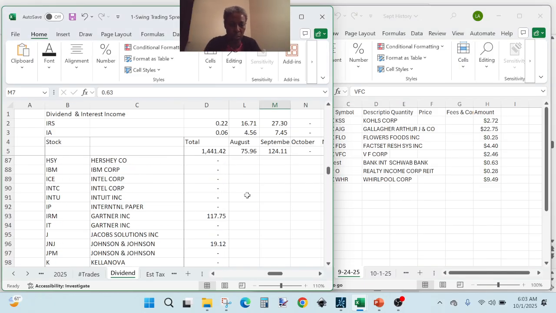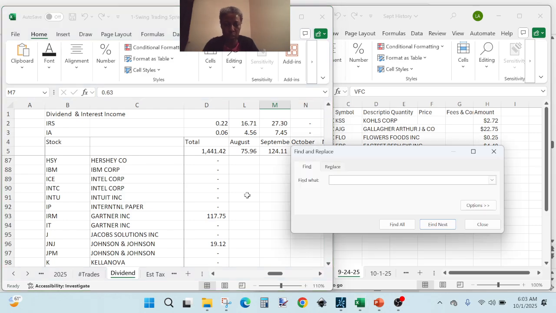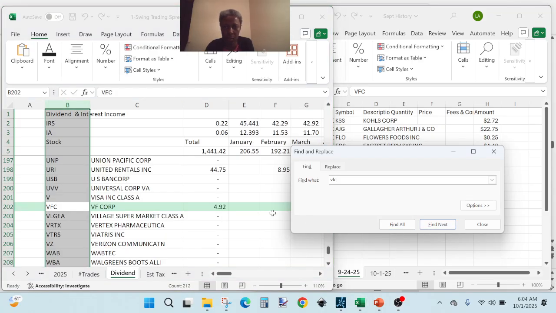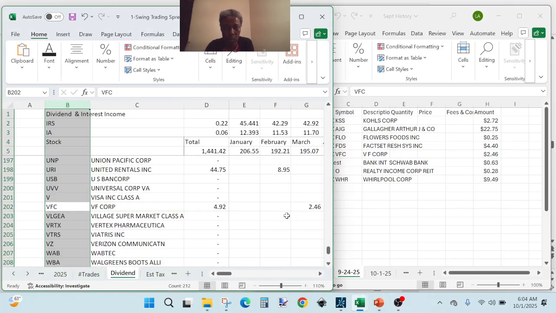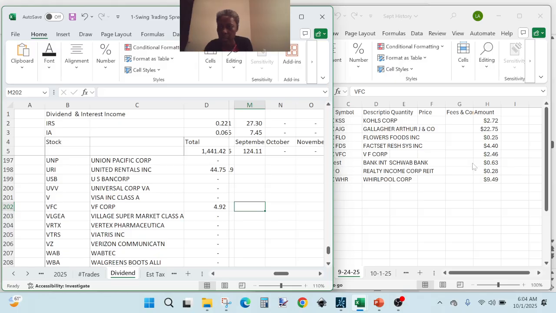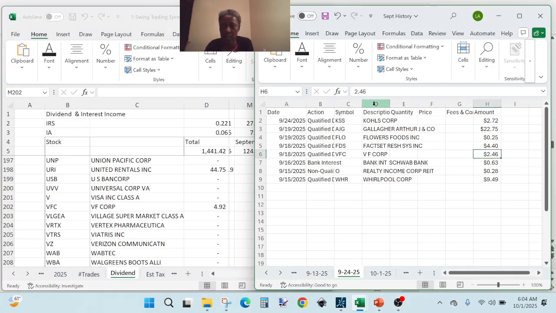And if you are not sure, you can do Ctrl+F to search VFC finance. It should take us there as well. But if you organize them alphabetically, you don't have to do that. You can just scroll. And VFC 246.